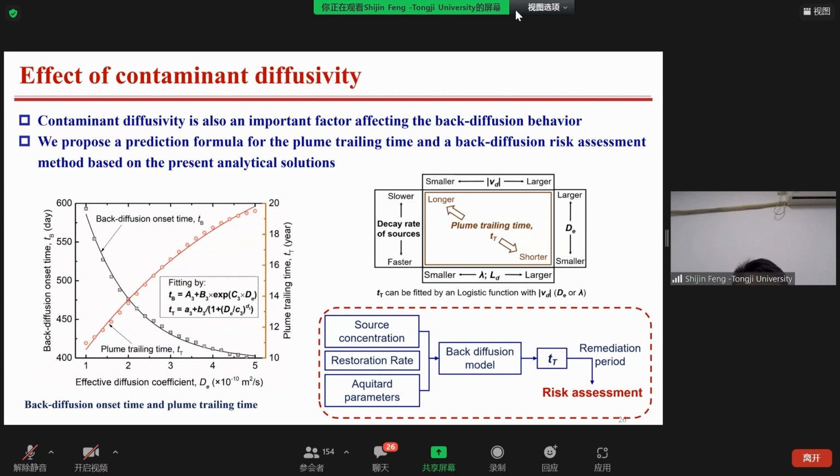Combined with the site remediation period, we can assess the risk of back diffusion in the low permeability site. When the plume trailing time predicted by the present model is significantly higher than the remediation period, the site manager should take effective measures to solve the problem.